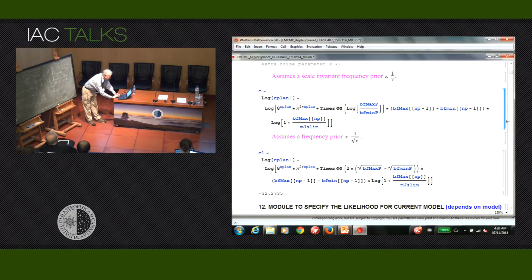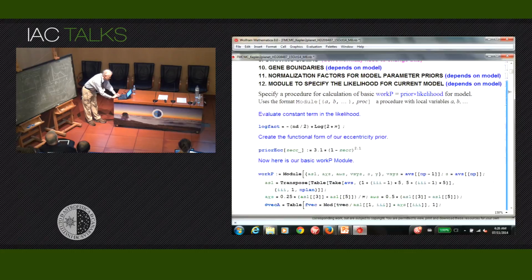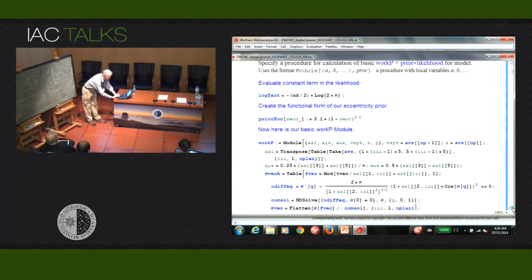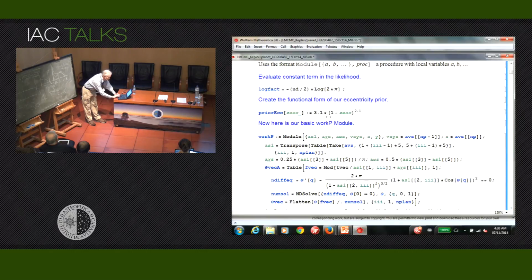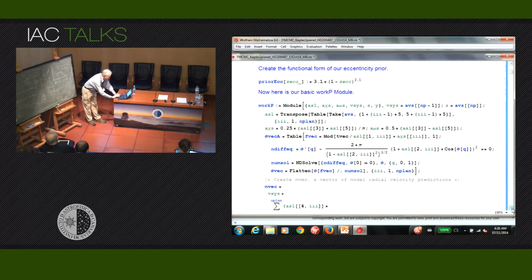Likewise, when you go into the likelihood calculation, here's where we pulled together the prior and the likelihood. Here's where the eccentricity prior is specified. This is itself all automated as well, provided you use the format that I suggest in putting in the parameter information.